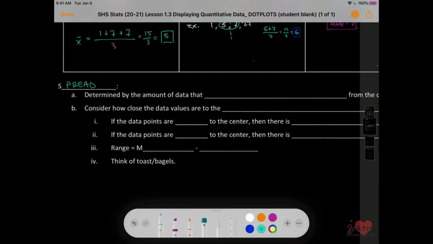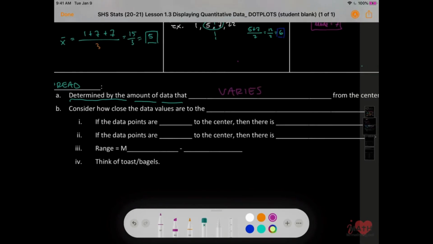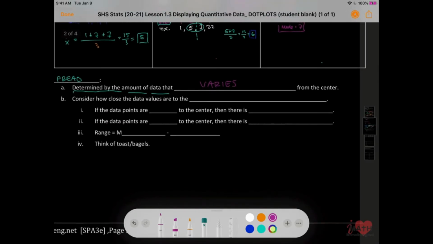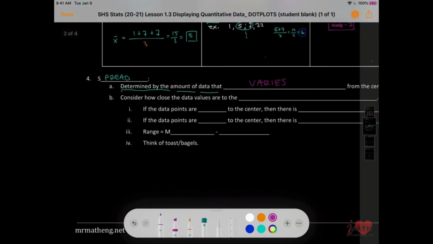Okay, so what is this? Spread is determined by the amount the data varies from the center. Consider how close the data values are to the center.